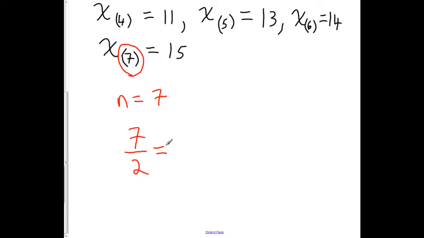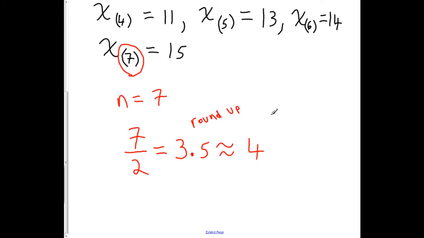And there are two cases here. In one case, we are going to get a decimal number, and in the second case, we're going to get a whole number. Those are the only two possibilities. The first one, the decimal number, is what we have here. 7 over 2 is actually 3.5. Whenever you get a decimal number, the next thing you want to do is round that number up. If you round this number up, it gives you a 4.